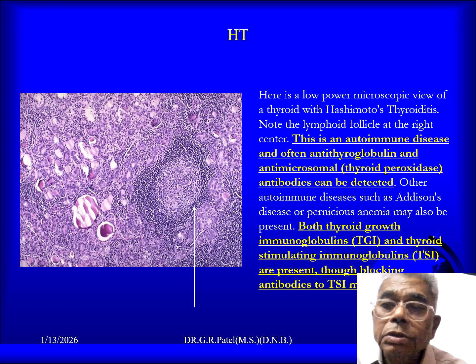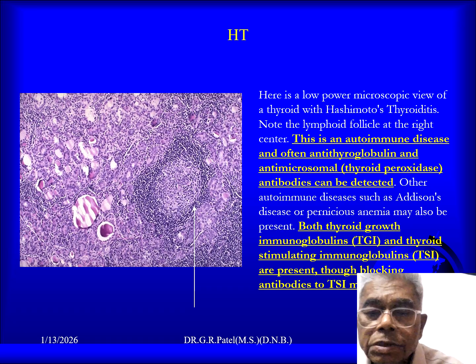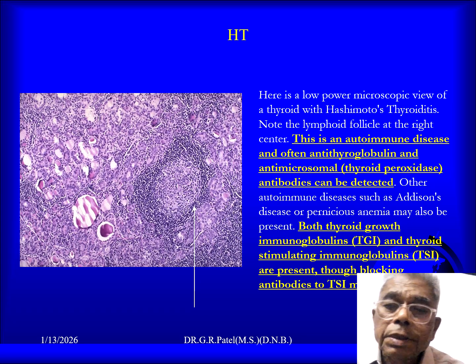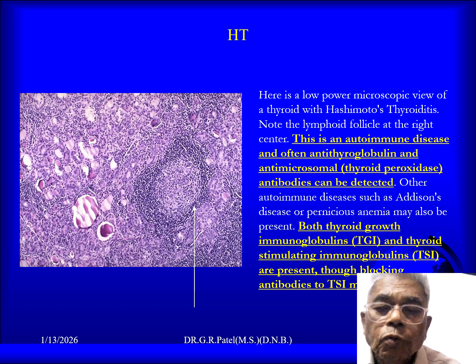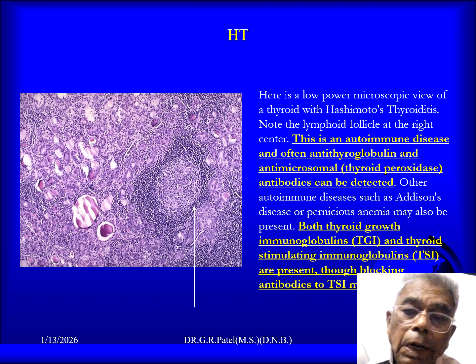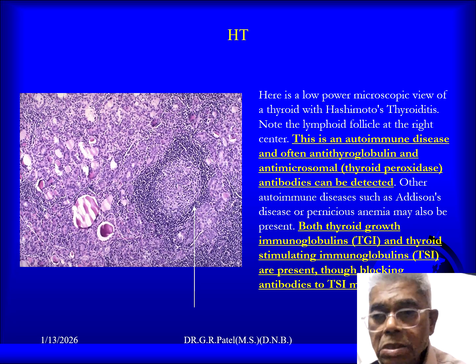Other autoimmune diseases such as Addison's disease or pernicious anemia may also be present. Both thyroid growth immunoglobulins (TGI) and thyroid stimulating immunoglobulins (TSI) are present, along with blocking antibodies to TSI.